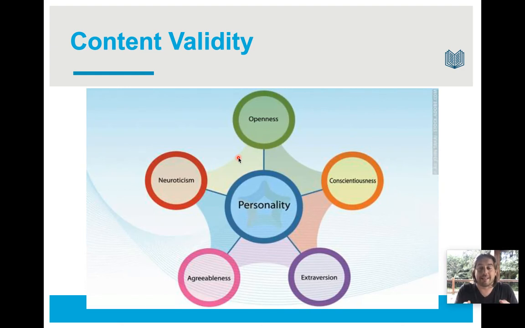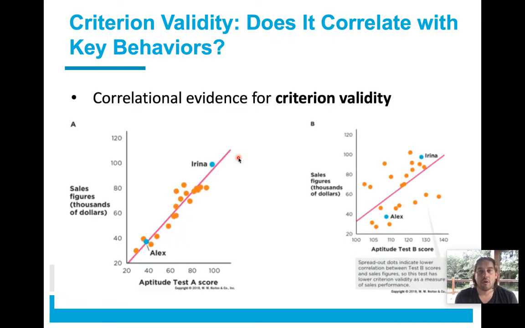The content, the data I need to map onto the theory. And this theory of personality is a 5-part theory. So I need to be collecting data that lumps into all 5 of those parts. So that's face and content validity. Those are the easiest ones, I think.